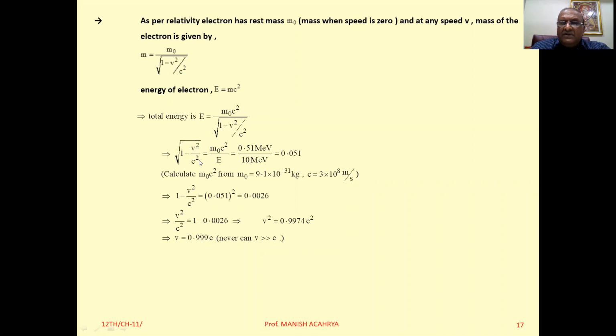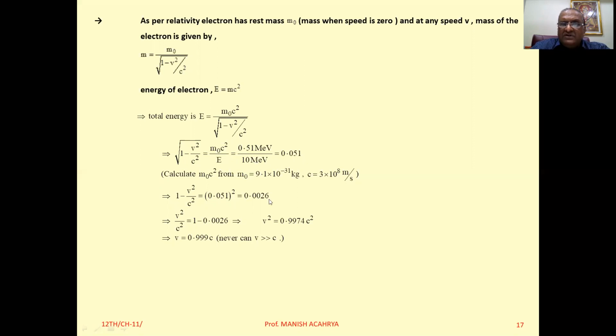Then under root 1 minus v square by c square is m0 c square upon E. Now, the electron is under the effect of a potential difference of 10 MV, so the energy gained by it will be 10 MeV, and m0 c square we have to calculate separately. The answer is substituted for m0 c square. And finally you will get under root 1 minus v square upon c square as 0.051.